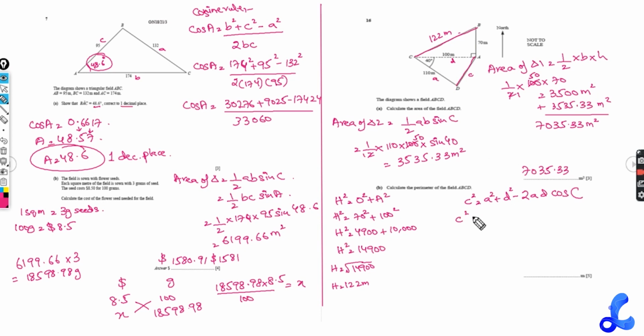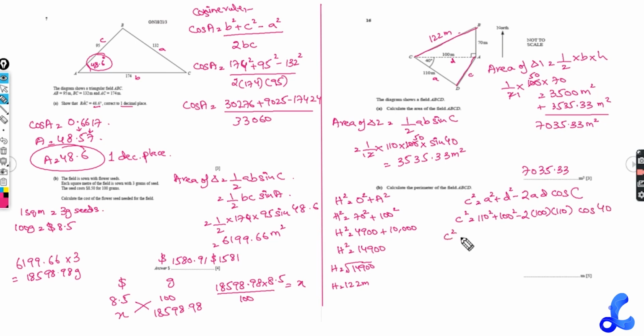Let's put all the numbers in the formula. So a square is given to us as 110. So 110 square plus 100 square minus 200 times 110 cos of 40.